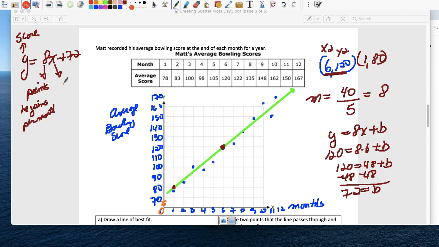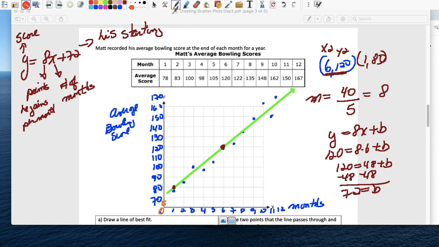X is the number of months, and 72 is his starting score at 0 months. So at 0 months, right, he started, his average score was 72, and that's what the y-intercept means in this case.